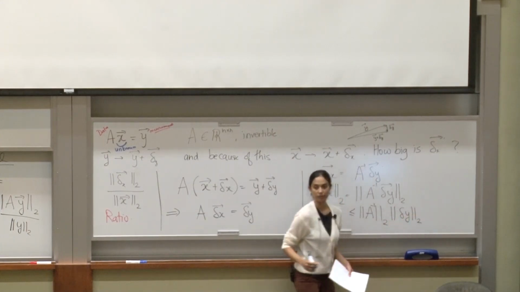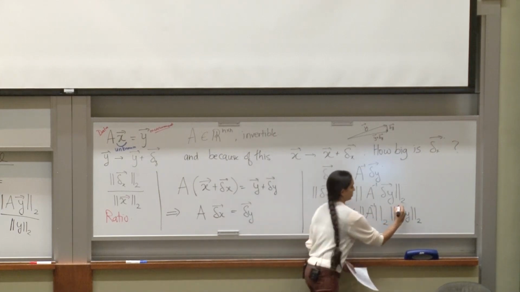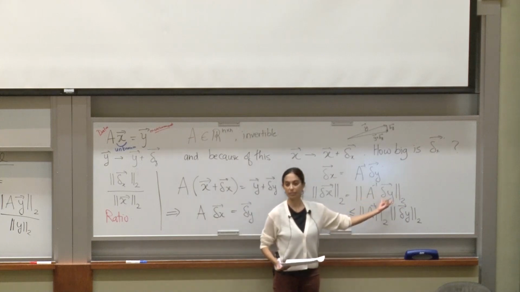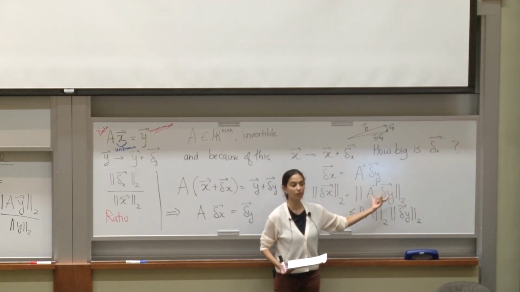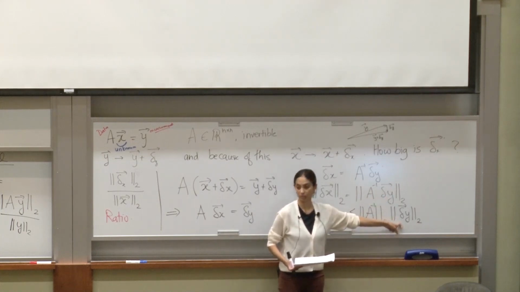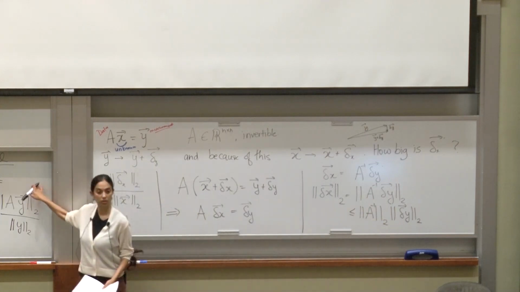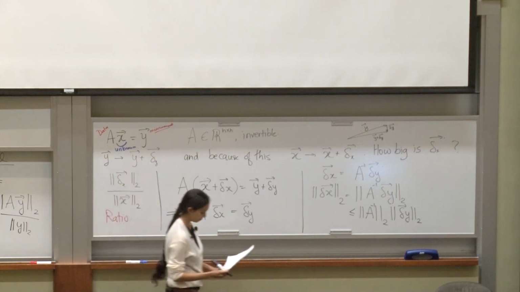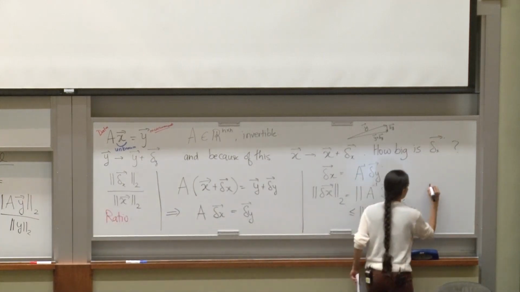The norm of this vector. So A is multiplied by some vector. The maximum possible norm of this vector is going to be the 2 norm of A times the norm of the vector itself. That's the definition of the 2 norm, or the spectral norm. Good. So this is by definition of spectral norm.